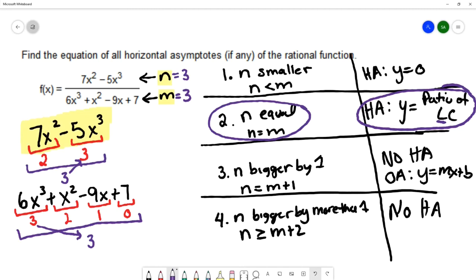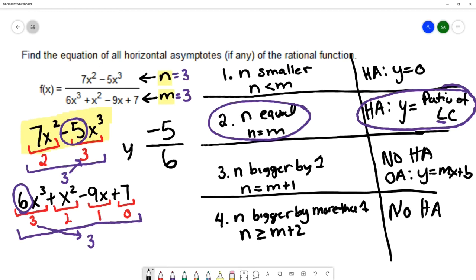Your leading term is always paired with the highest degree. So your leading coefficient from the numerator would be -5, and your leading coefficient from the denominator would be 6.